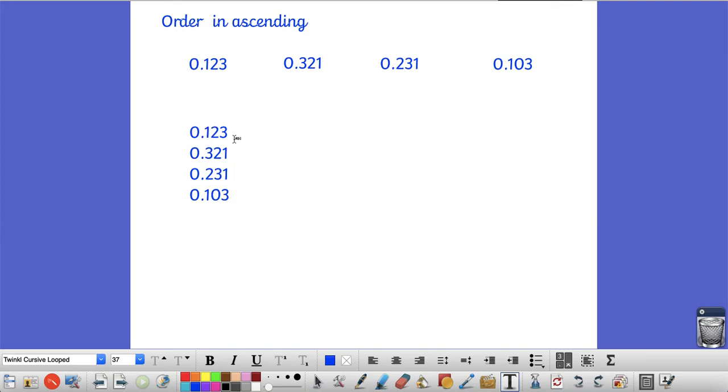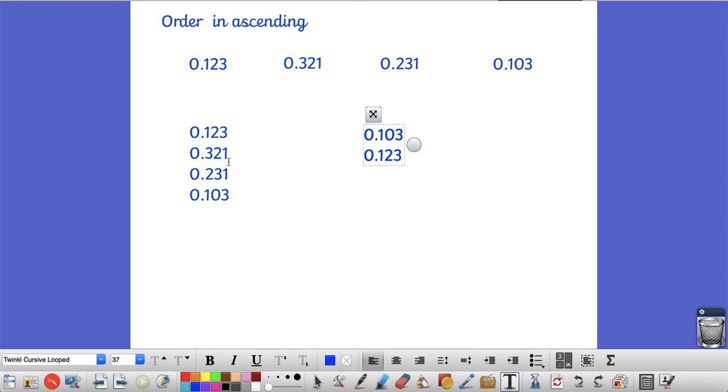So on these 2 numbers now, I'm going to have to look at my hundredths column. Now in this one, I've got 0.12. And in this one, I've got 0.10. Now 0 is less than 2. So the very first number should be 0.103. We then know the next number should be 0.123.